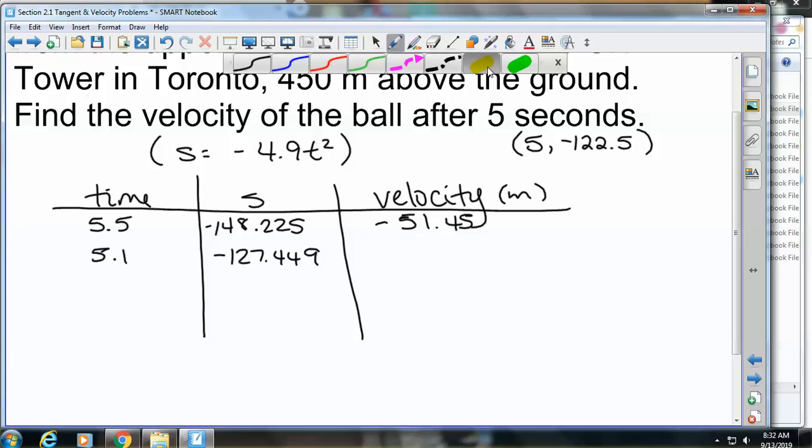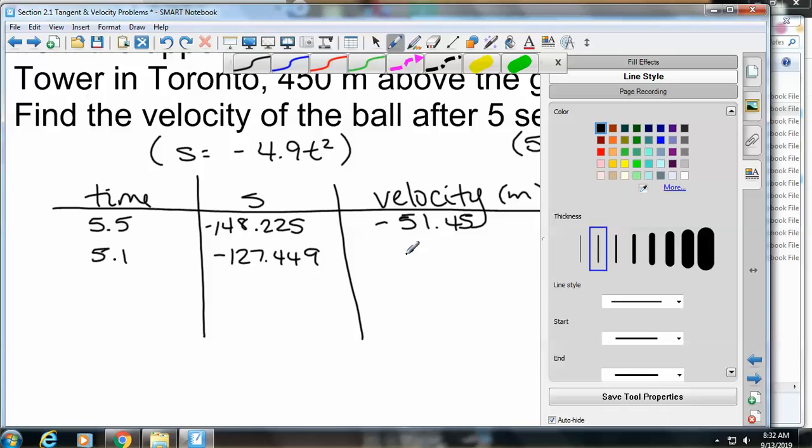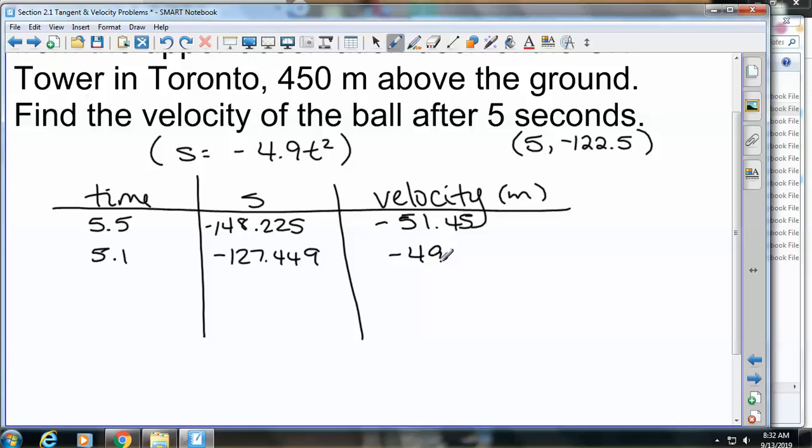So now you're going to do the slope between this point and this point, and I get a slope of negative 49.49. Okay, is it obvious yet what it's approaching?